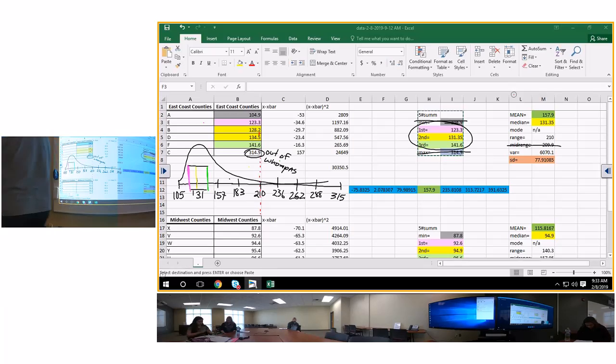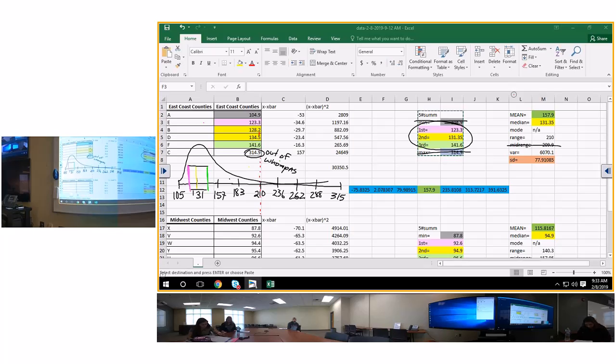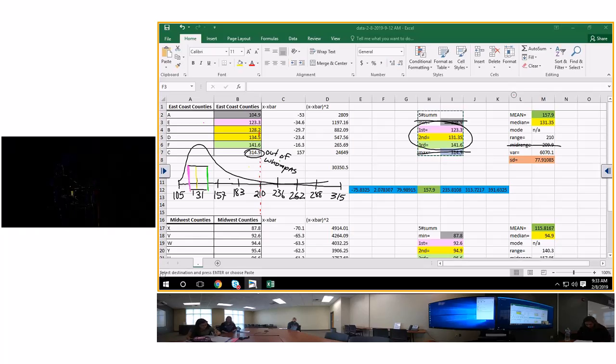All right, now do the second set. Do the second box plot. I'll move it up.